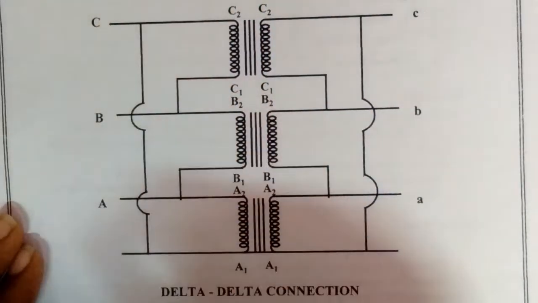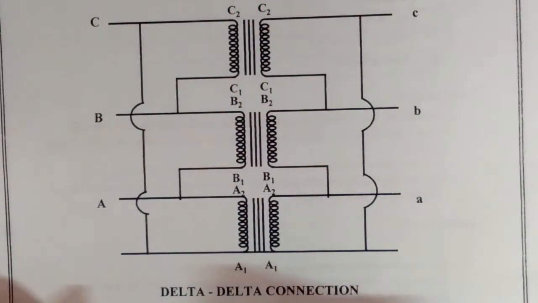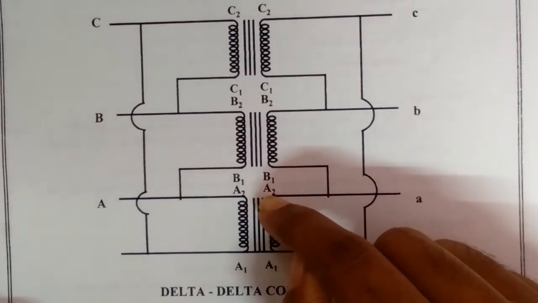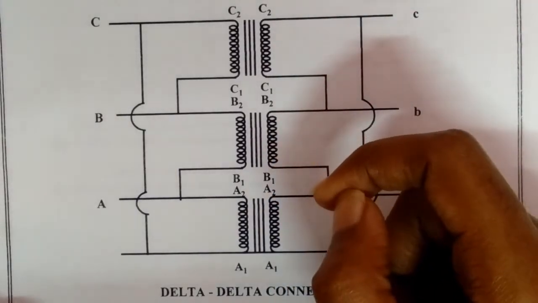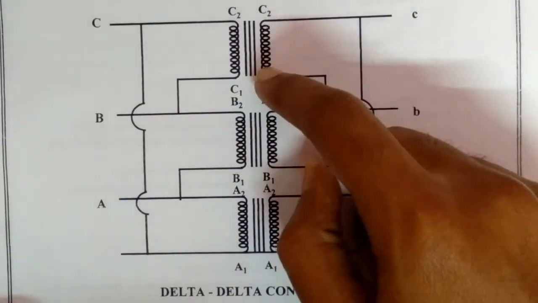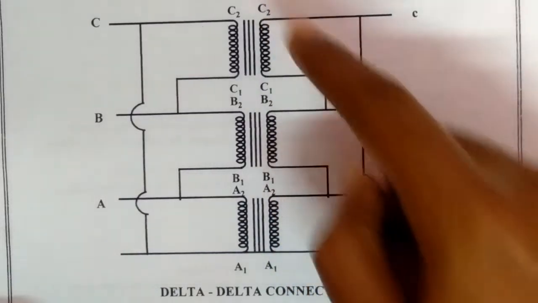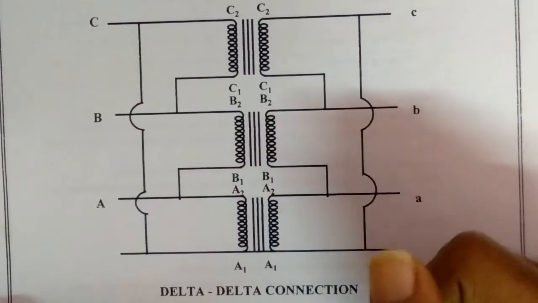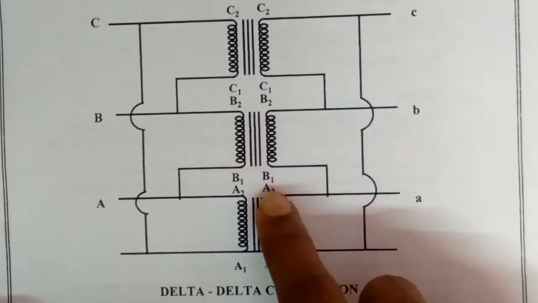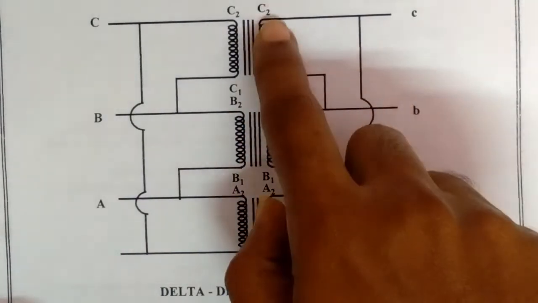B2 and C2. For delta connection in secondary, the terminals A2, B1 and B2, C1 and C2, A1 are short circuited and the load is connected through A2, B2 and C2.